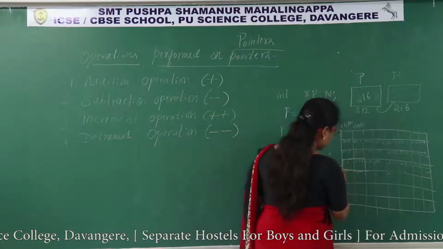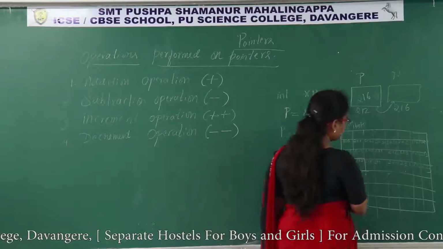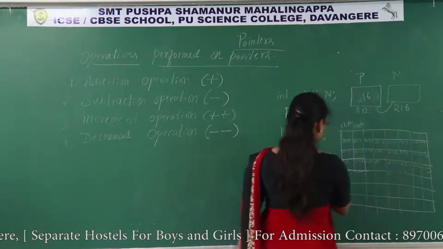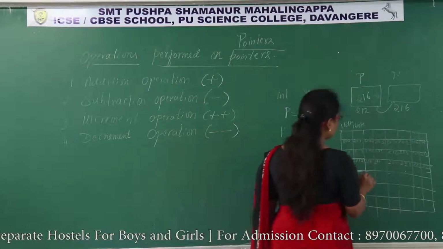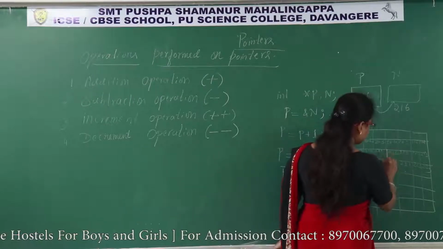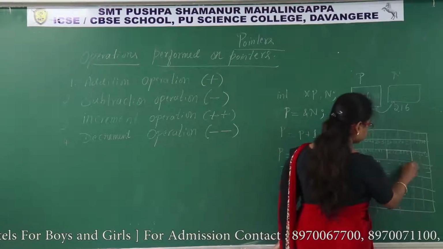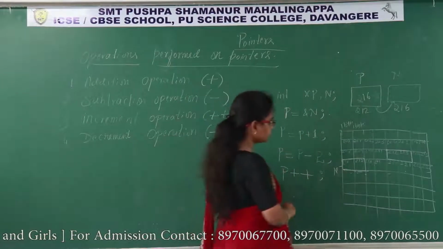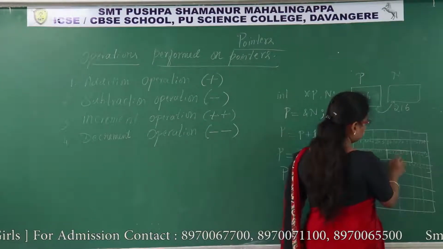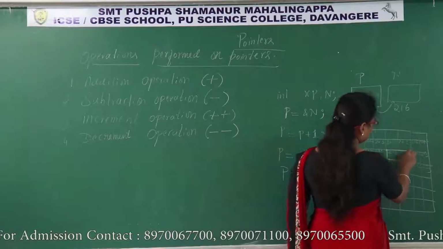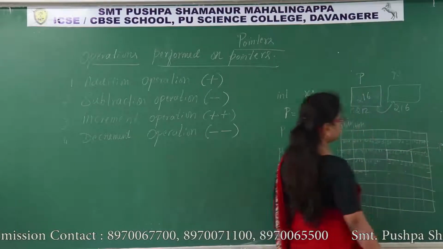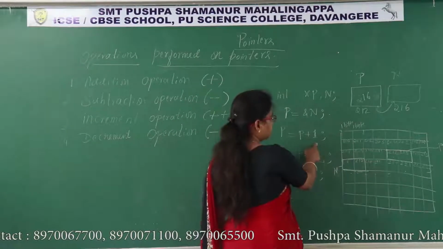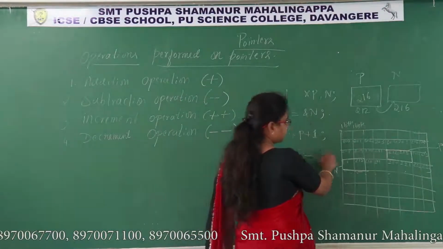P is pointing to this memory location. The name of this memory is P, and this is N, 212. So P plus 1, one time increment.